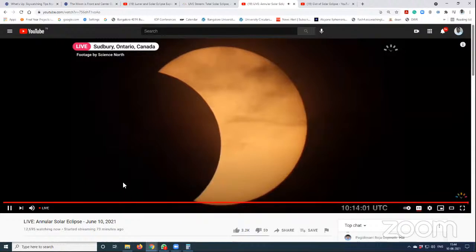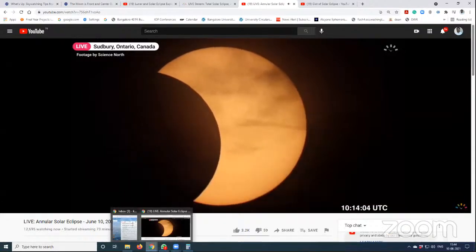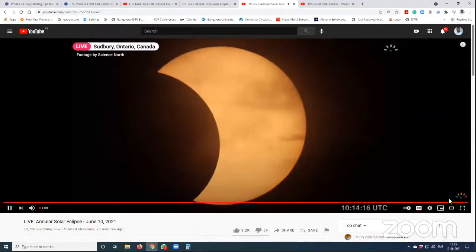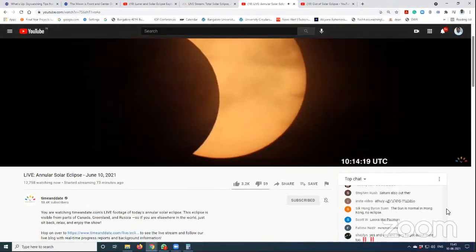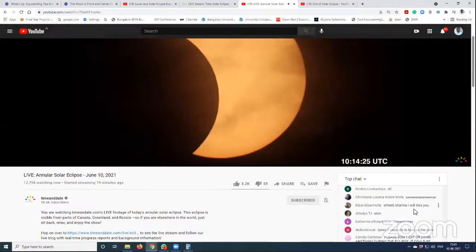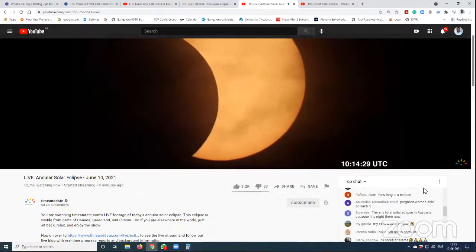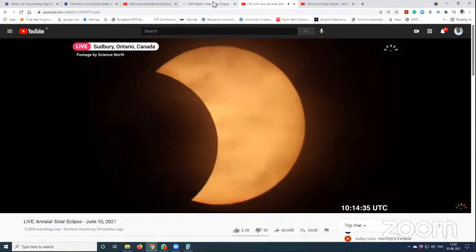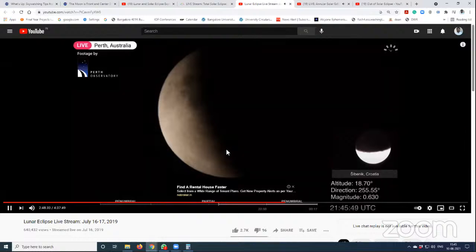See that. This is a picture taken from very good telescopes. This is Perth, Australia.